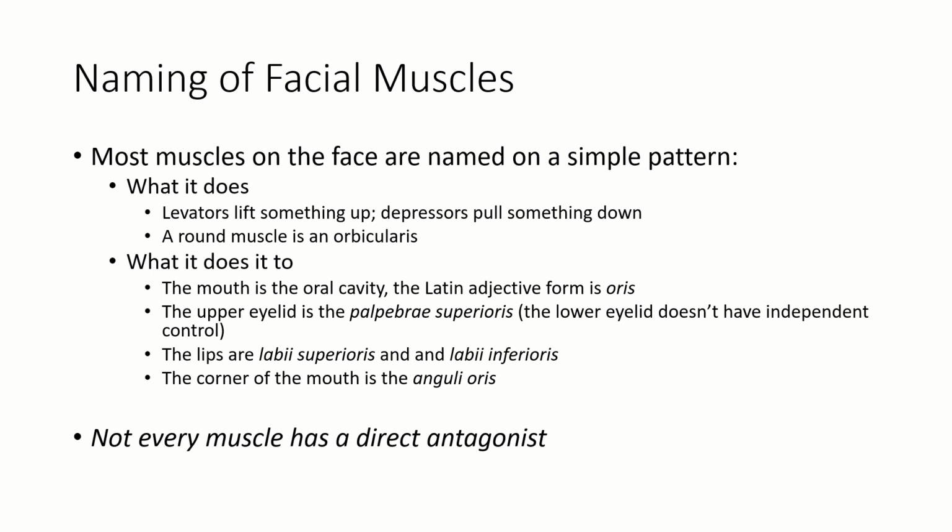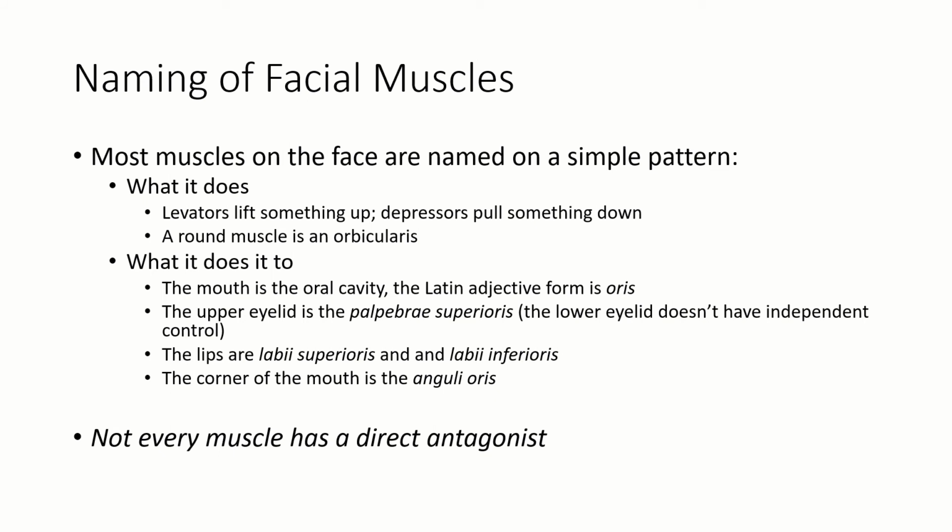There is no depressor labii superioris because the lip is pulled down by the orbicularis oris. The orbicularis oris is the antagonist to the muscles that pull the upper lip up or the lower lip down. Okay, so we have levator labii superioris and depressor labii inferioris.